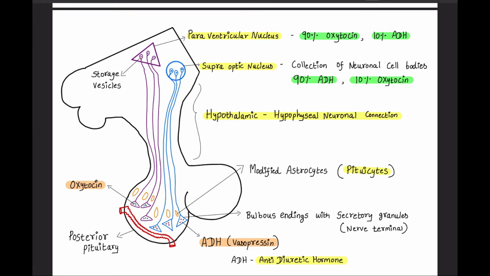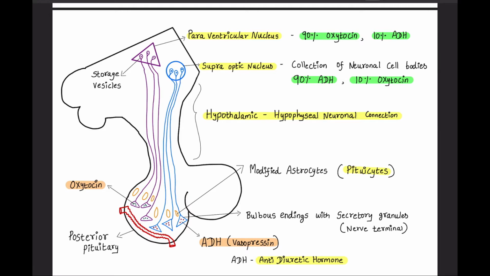This paraventricular nucleus synthesizes another hormone known as oxytocin. So same like the supraoptic nucleus, oxytocin is synthesized in the hypothalamus, and it is released from the pituitary gland into the circulation.